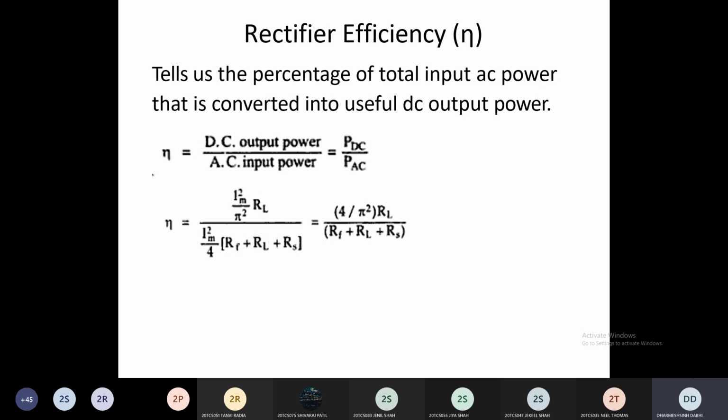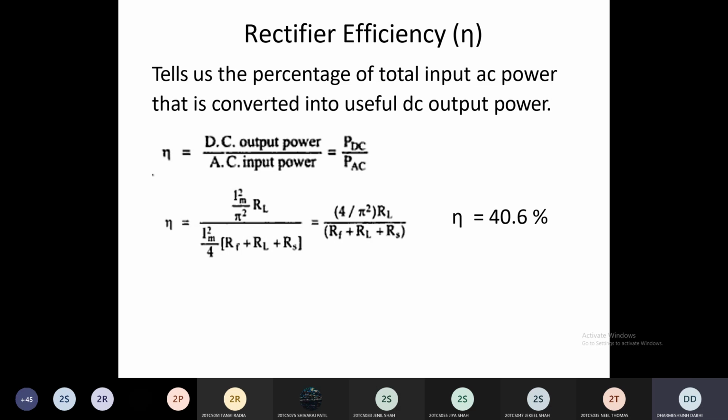It is 40.6% accurately, or you can say almost 40%. Yes or no? So what is the meaning of 40%? Suppose you provide 100 watt power at the AC input side, only 40 watt power does the useful work at the load side. Clear?